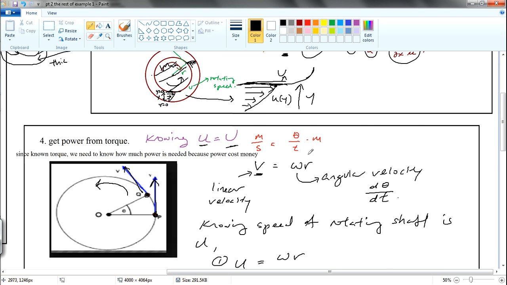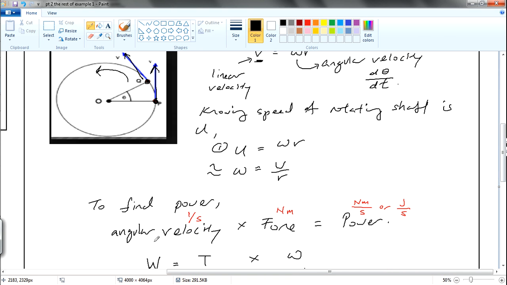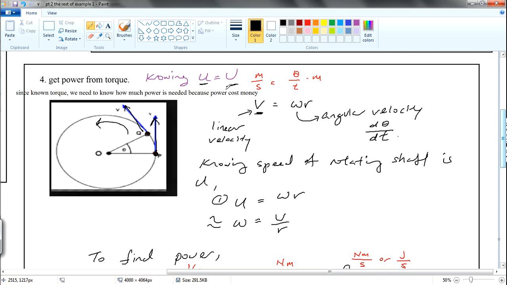The purpose is to find it in terms of angular velocity so that we can multiply by force. So we bring this r downwards, so you have v over r.